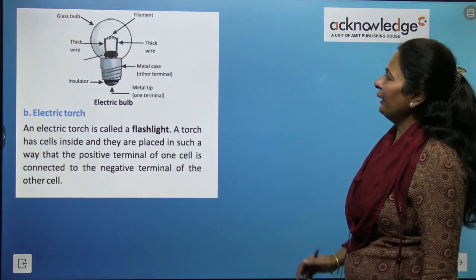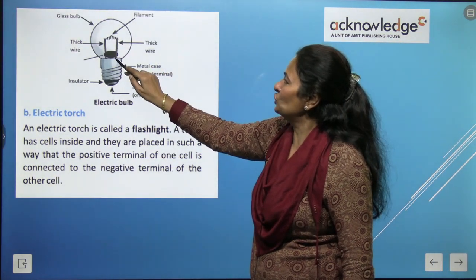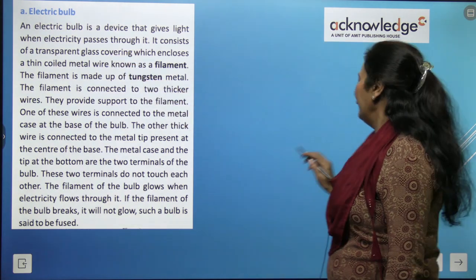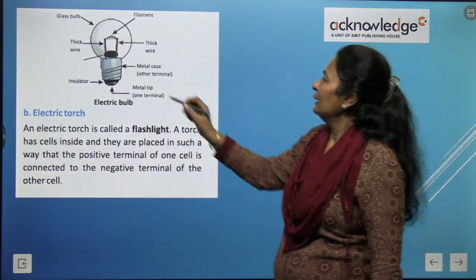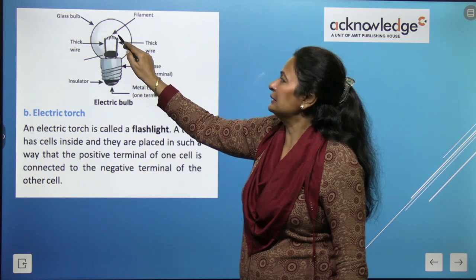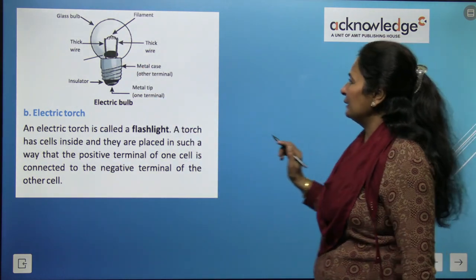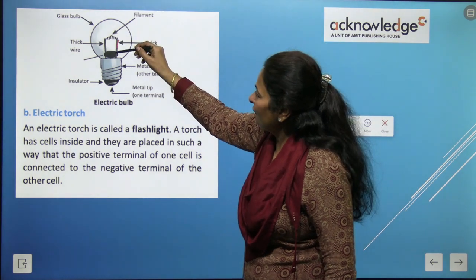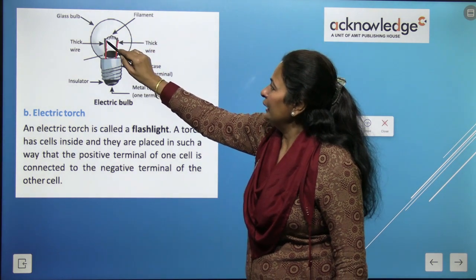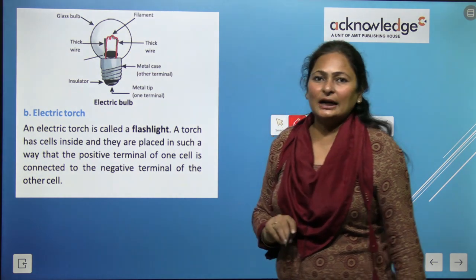I'll show you here. We have these two thick wires and they are giving support. So this filament is attached to these two thick wires, right? Just have a rough idea. I'll explain one more time, right?